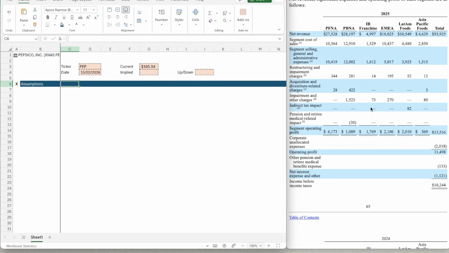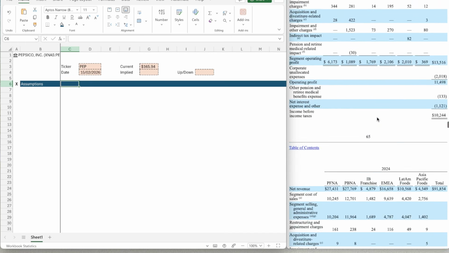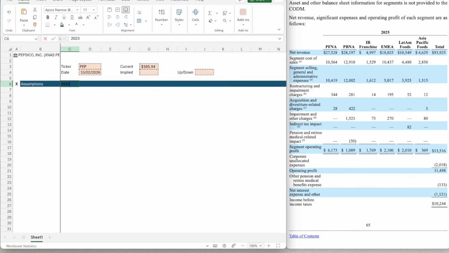Then the first year that we're going to start is 2023, and we will go through to 2031.